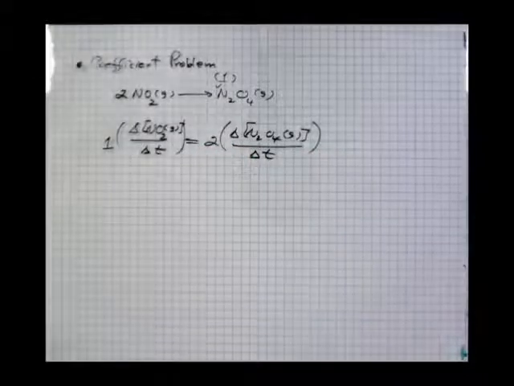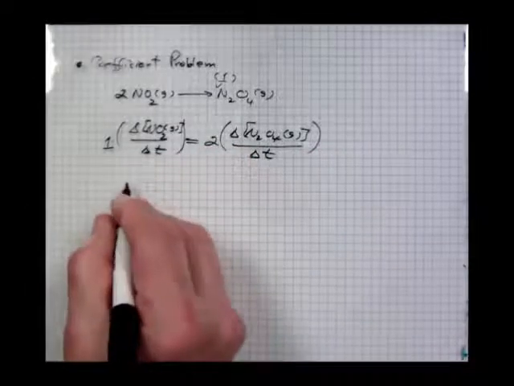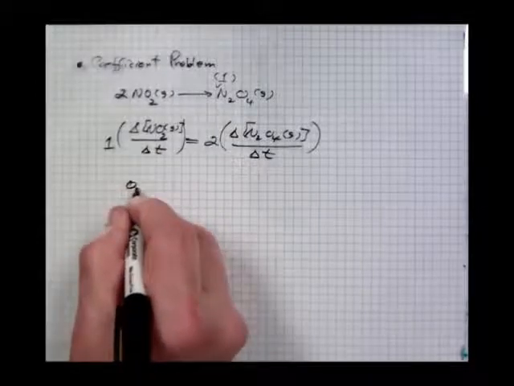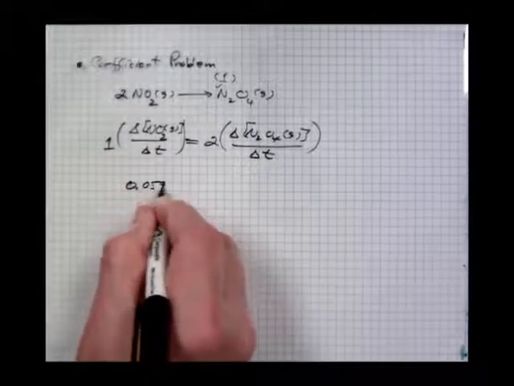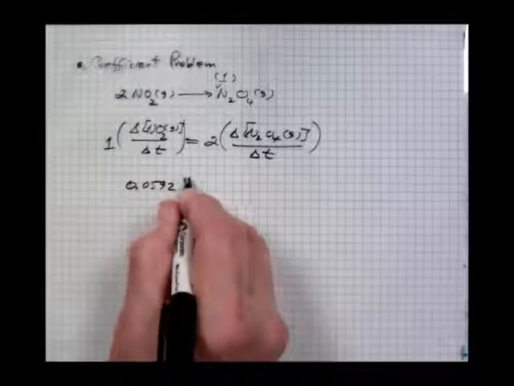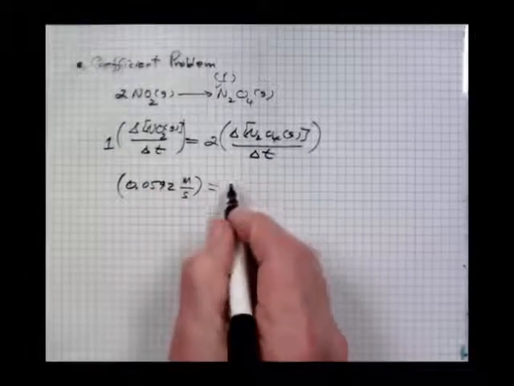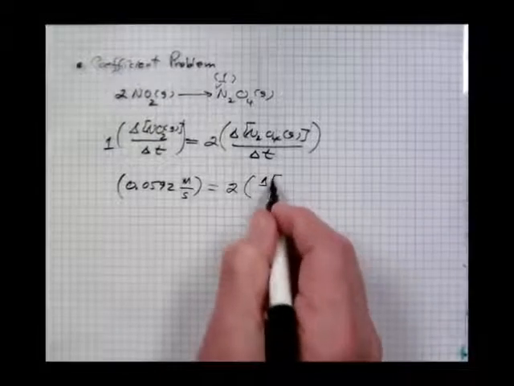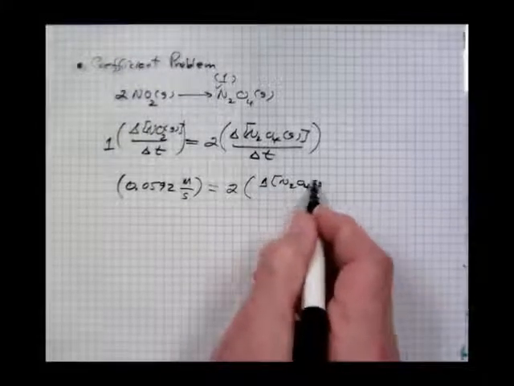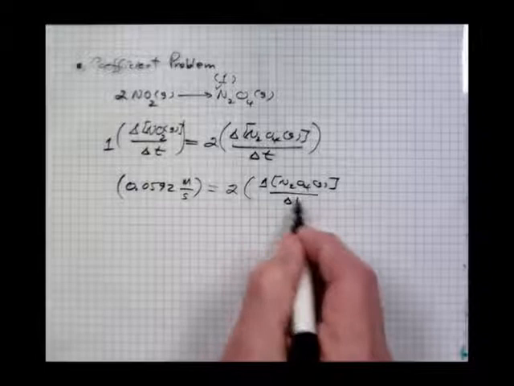Okay, so the NO2 is the one that is given, and it's 0.0592 mole per liter per second, and that is equal to 2 times your change in N2O4 gas over change in time.